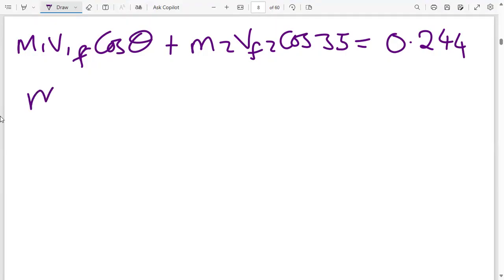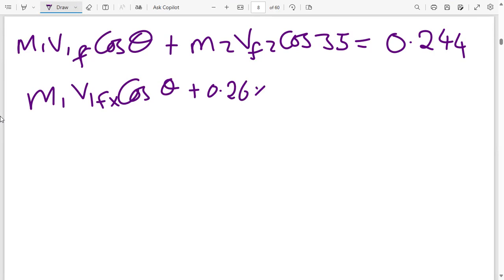Okay, so let's plug in what we know. We have mass of 1, v1 final in the x, cos theta, plus m2, which is 0.26, times v final, 0.7 cos 35. This will be equal to 0.244.